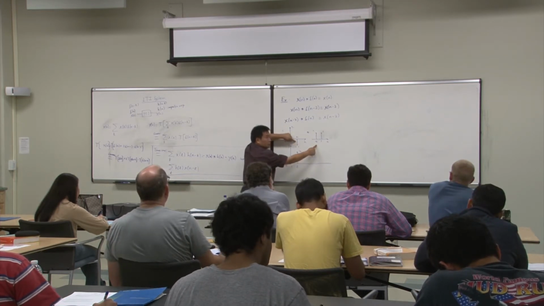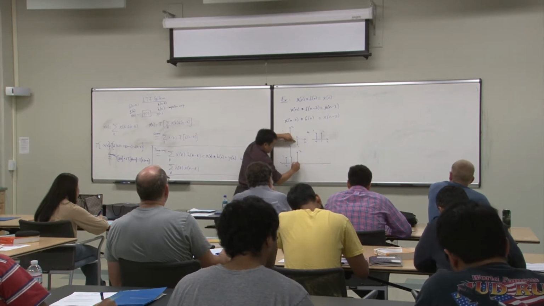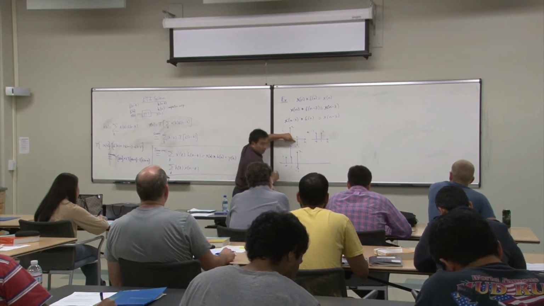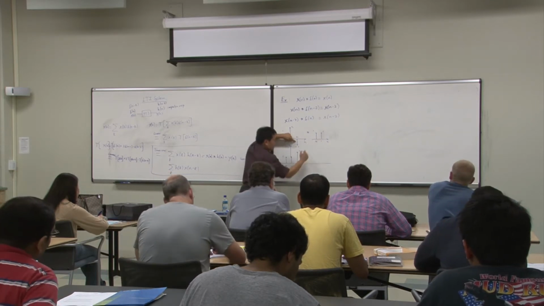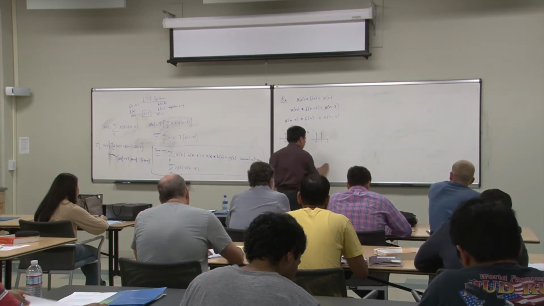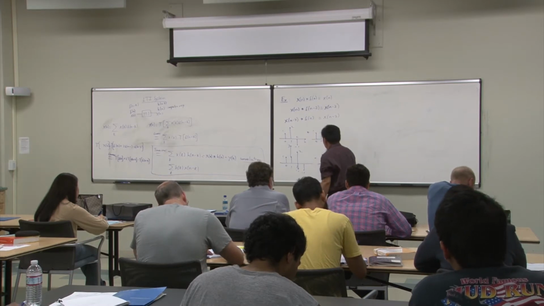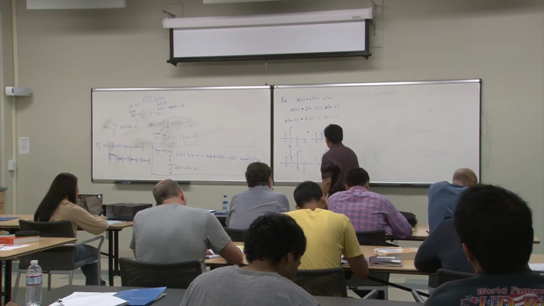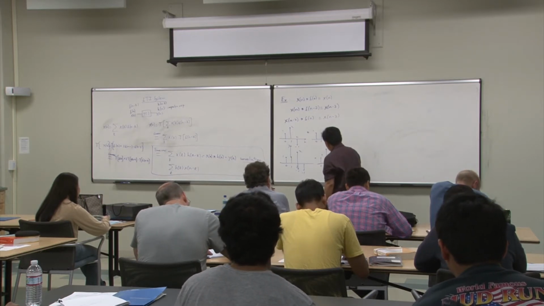This and this? Minus 1. You can sum it. This and this? Okay. So the result is going to be 1, 3, 2, and 1.